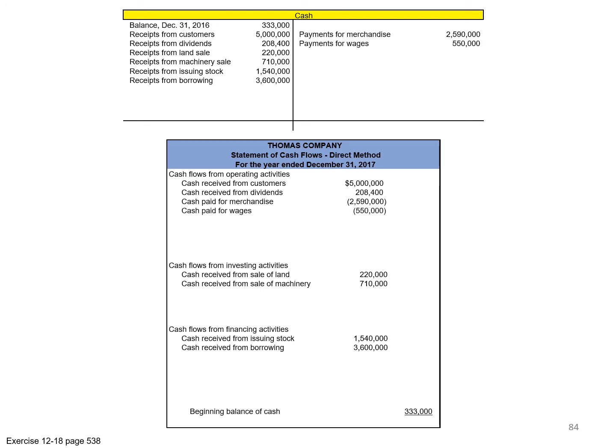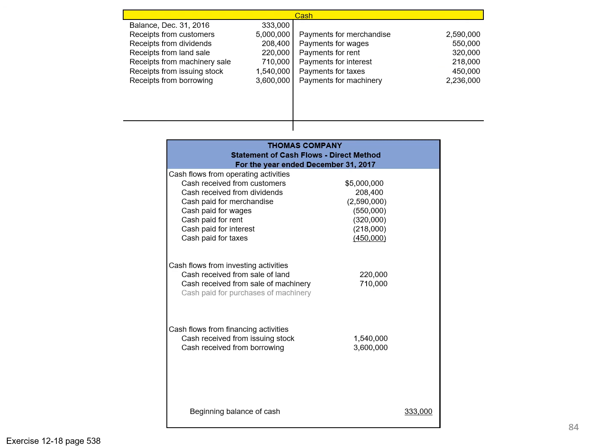Then we made payments for merchandise, that goes in operating as a reduction. Payment for wages is also operating as a reduction. Payment for rent, same thing. Payment for interest, also operating. Payment for taxes, also operating. Payment for machinery is an investing. Okay.